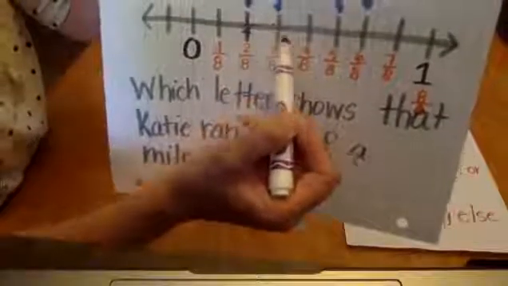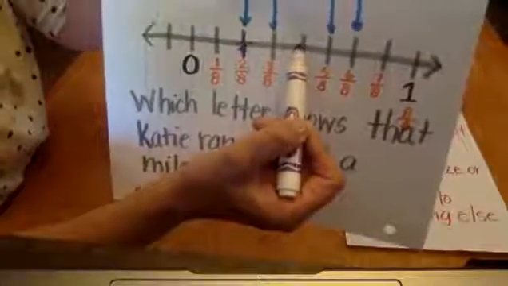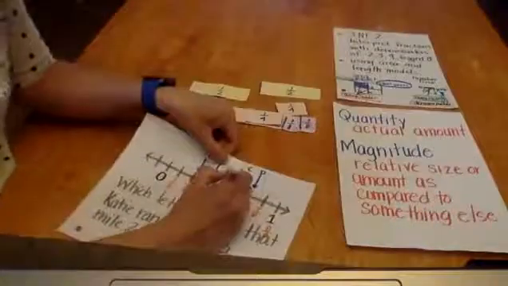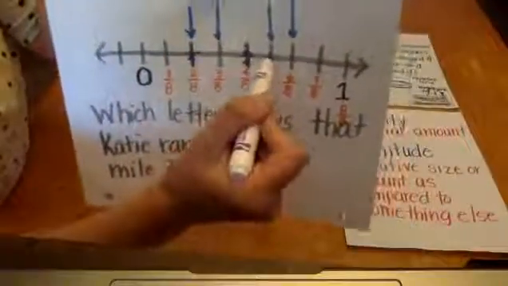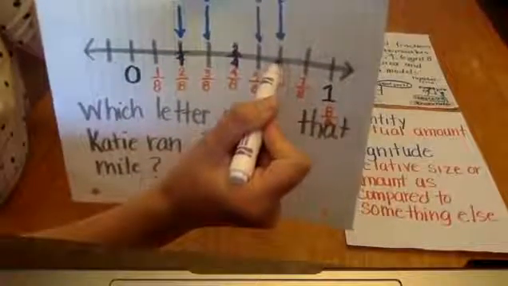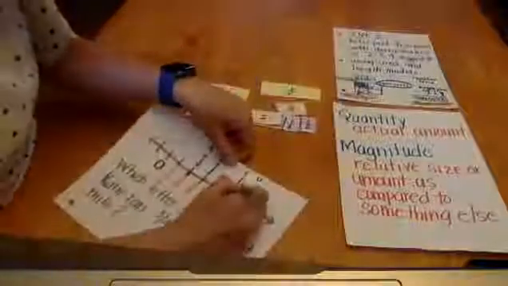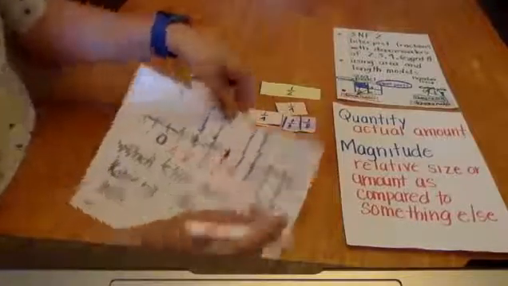Then I'm going to go again. I'm going to go 1/8 and 2/8, and that's 2 fourths. 2 fourths. Can you see what I did there? Then I'm going to go 2 more eighths. So 1/8, 2/8. That's 3 fourths. Ding, ding, ding.